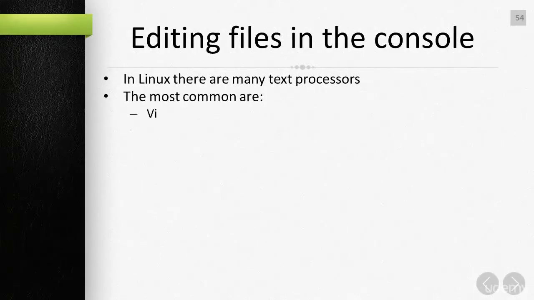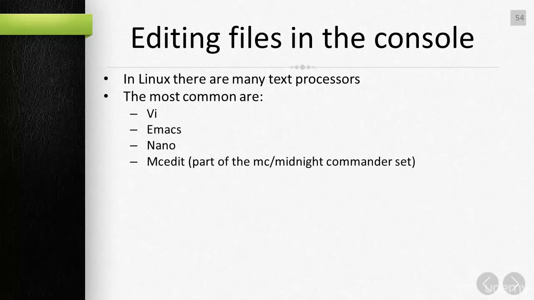The most widely used console file editors are Vi, a name probably known to everyone, Emacs, Nano, and MCEdit. You may be less familiar with the last one, but to novice users, it will appear most friendly. It's relatively colorful and uses an interface similar to Total Commander, popular with Windows users.